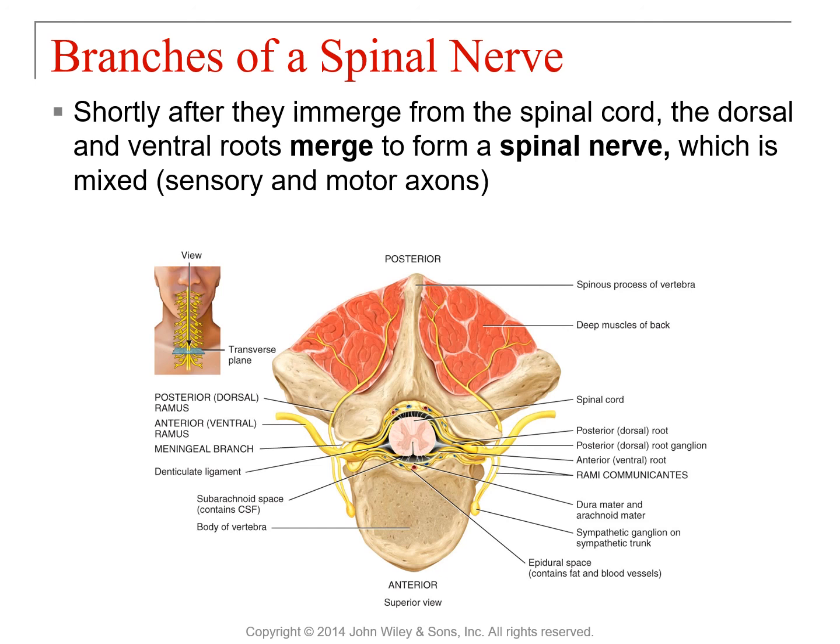In the diagram, which is a superior view looking down at the spinal cord and these associated structures in the PNS, you'll note that axons in the spinal nerves then branch again into two bundles called rami or rami. Pick your choice.